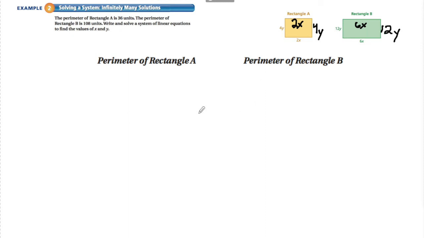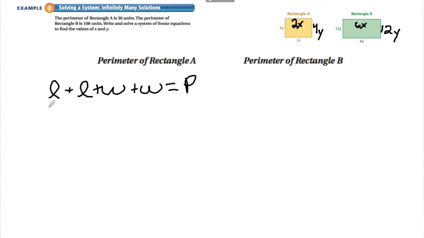So we know that the perimeter is length plus length plus width plus width equals P.